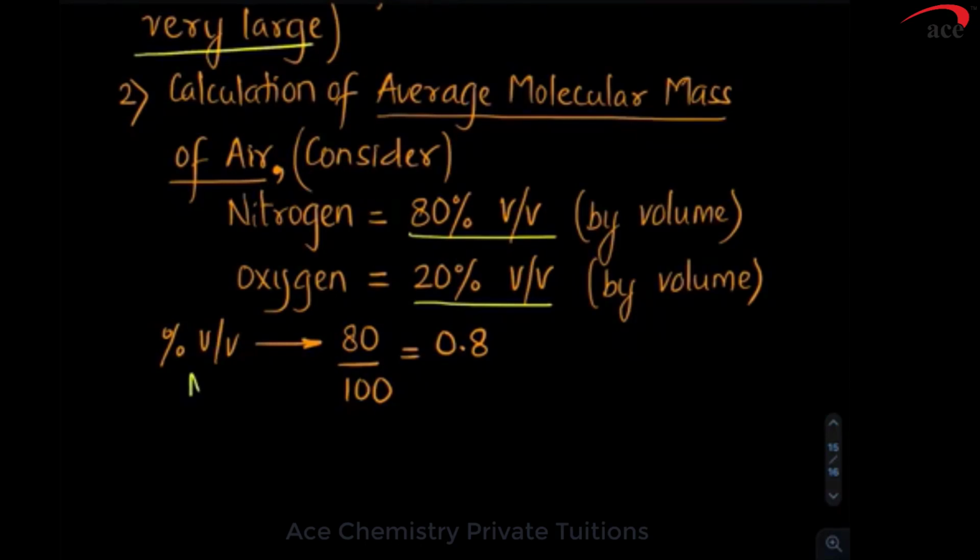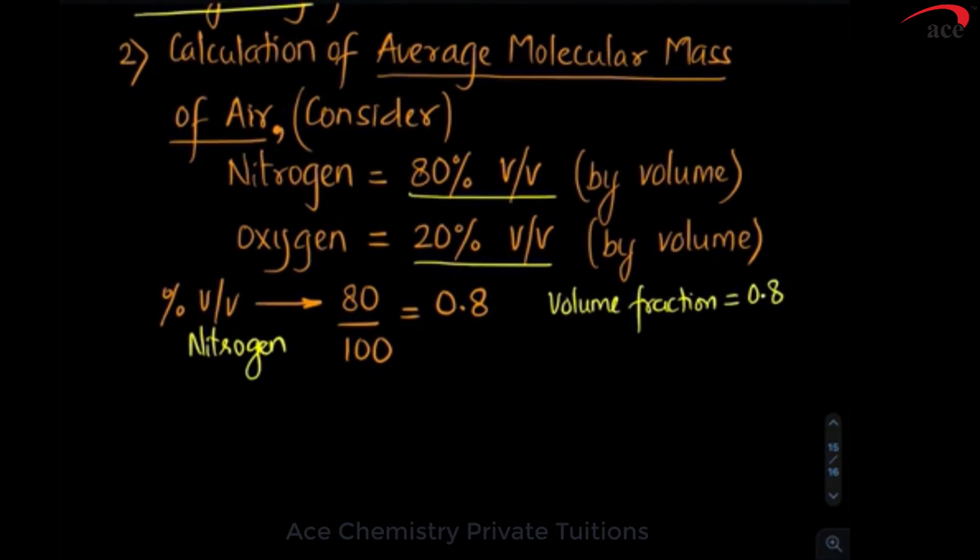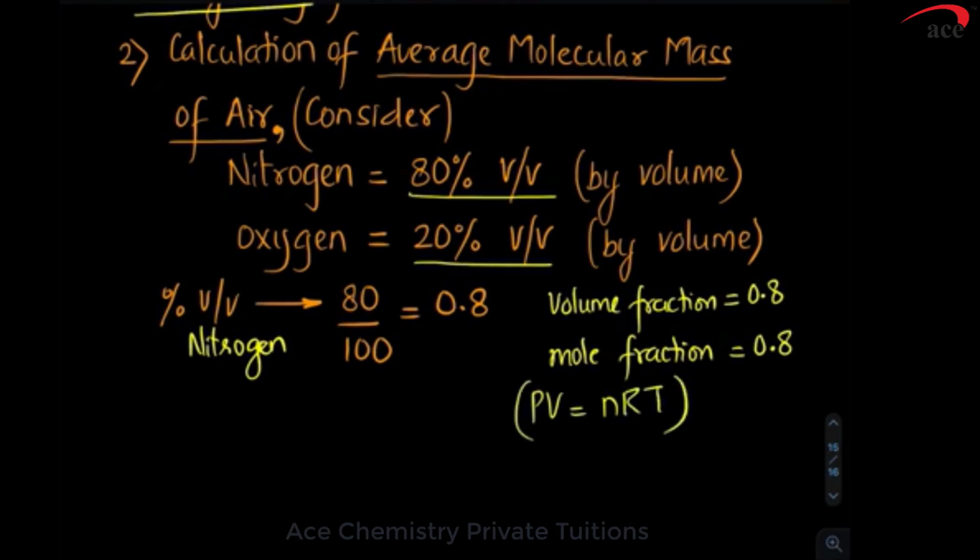Now the percentage of nitrogen is 80%, that is 80 upon 100, 0.8. This can be called volume fraction, 0.8. For calculation purposes, we'll consider volume fraction as mole fraction only. In later chapters, we have the formula PV is equal to nRT.